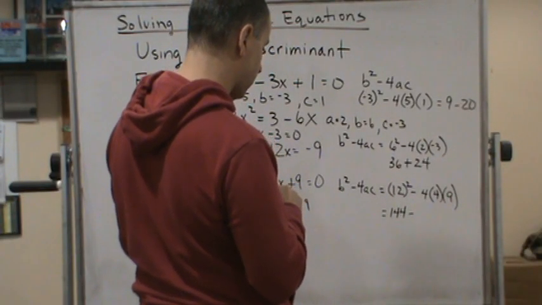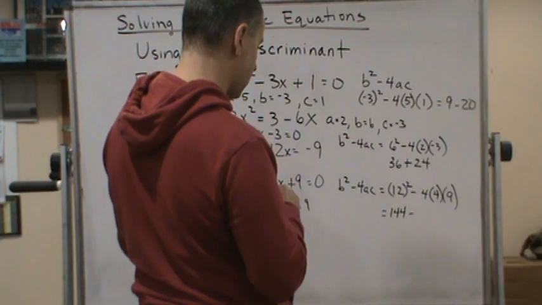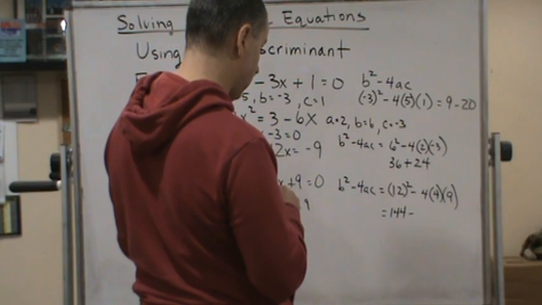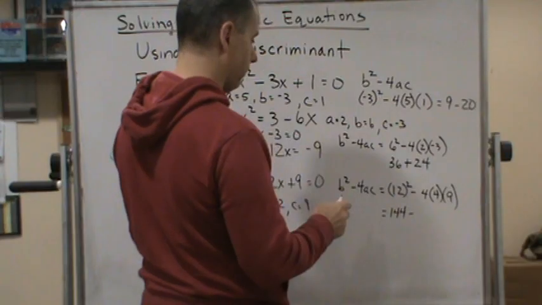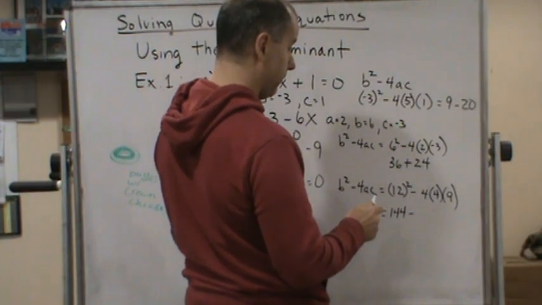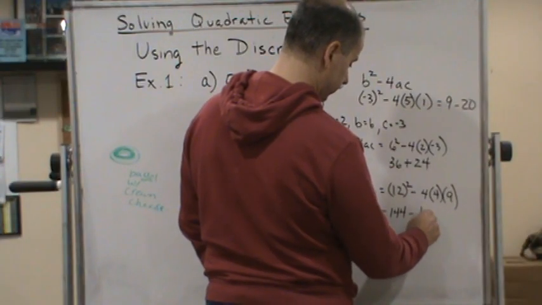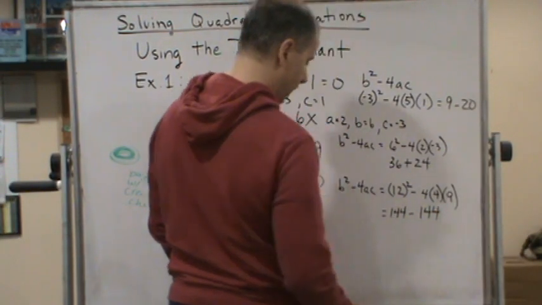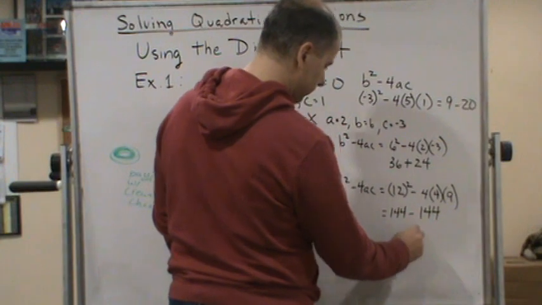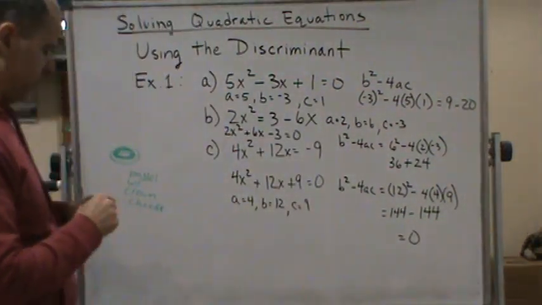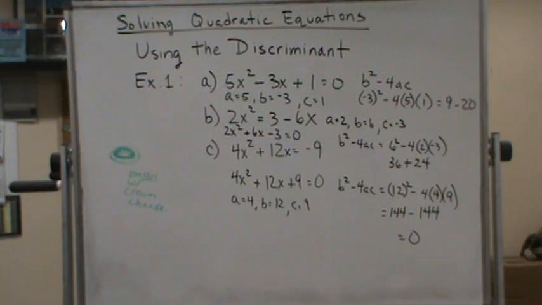Yeah, 36 times 4 is 144, so I get 144 minus 144. And this gives me 0. And so that tells me that I only have one real solution.